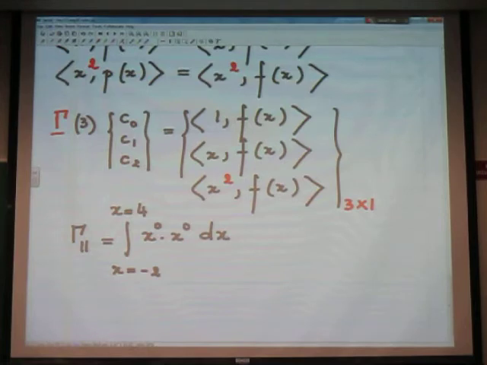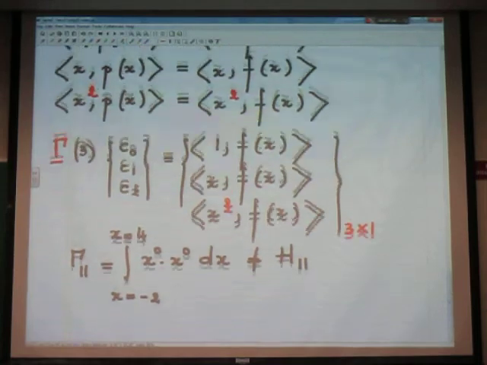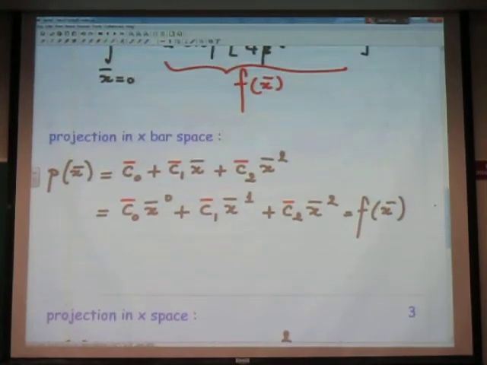Okay? But you see, this is not the same as H11. It's not a Hilbert matrix. All right? That's why you want to do projection in the X bar space.